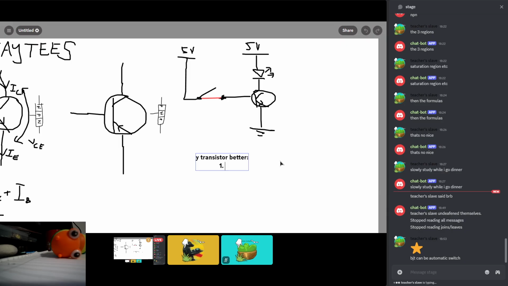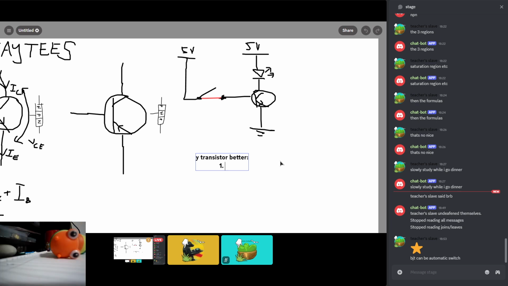There are three main upsides to using a transistor. I was saying them to myself a few seconds ago, but I forgot all of them somehow.